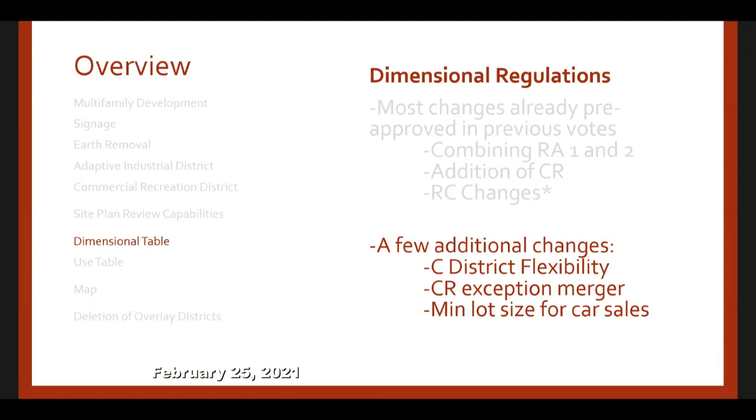And then there's a few additional changes we'll be looking at: a section that allows for commercial district flexibility on dimensionals, the commercial recreation exception, and minimum lot size for car sales. This is actually based off of a petition brought forth by Councilor Boschman. A few months back, it went to Legislative Affairs and I think Economic Development, maybe Public Safety, and it was suggested that auto sales should have minimum lot sizes, so you don't have somebody selling cars on a 500 square foot property.